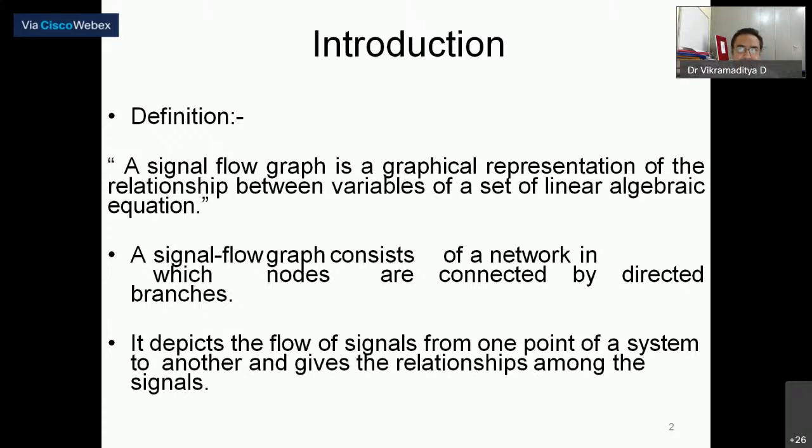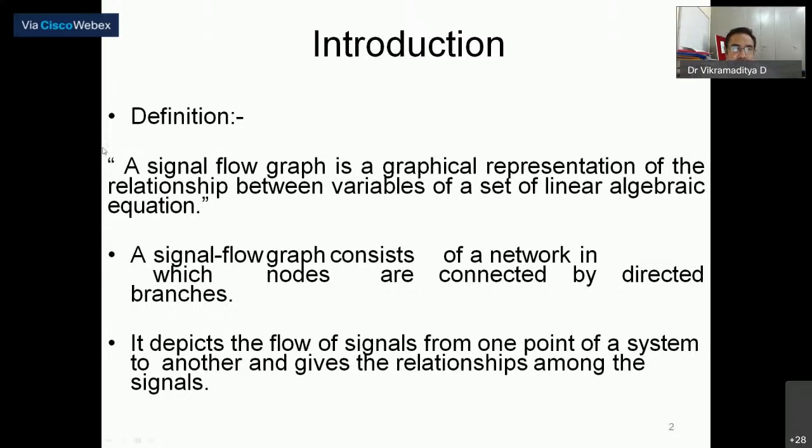Input creates a signal, and that signal traverses the different subsystems, and ultimately you get an output. So basically in a system, signal is flowing. Now if you represent the signal flow in a graphical way, then the diagram obtained is called the signal flow graph.